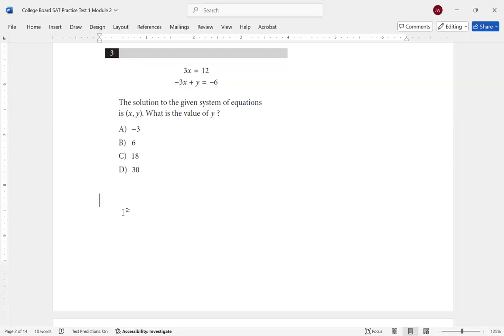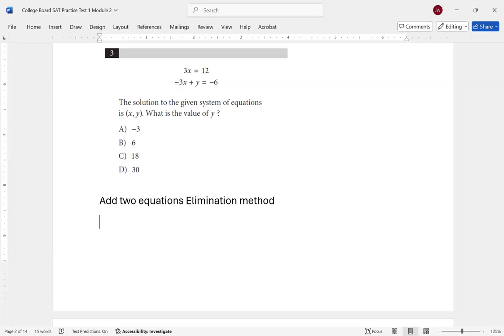What I would do is I would use the elimination method. You could also use the substitution method, but I would use the elimination method and simply add the two equations together. Again, that's what you do in the elimination method for solving a system of equations.